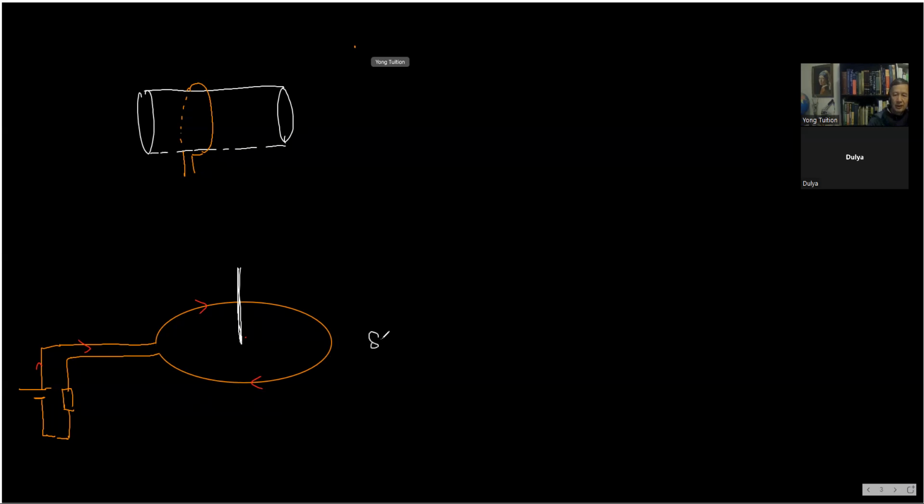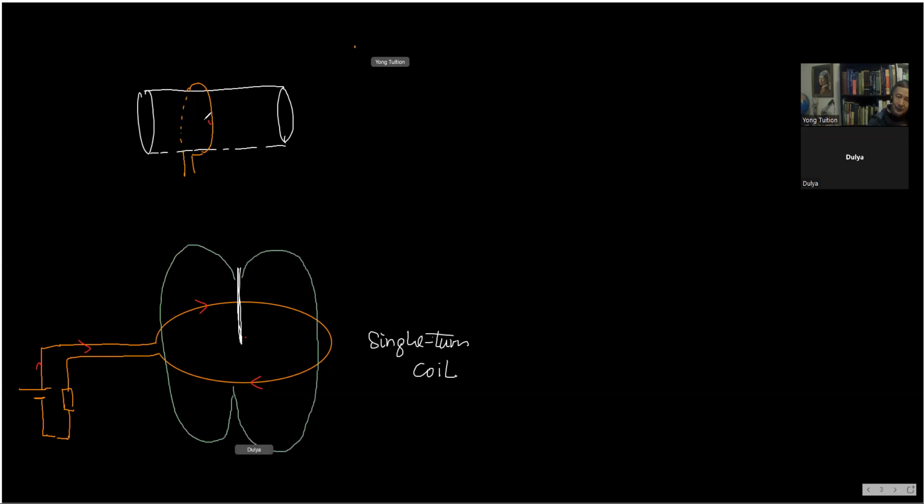It is a single turn coil, with the current going up. You can still use the right-hand rule, because the right hand will say, if the current goes in that direction, yes, that's right.